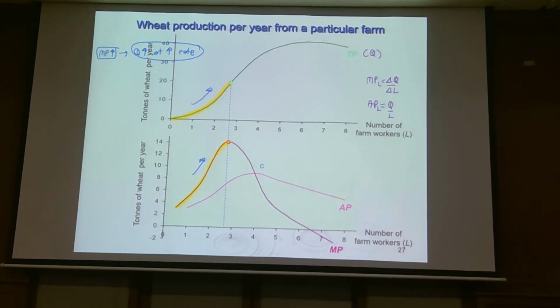But once we have the problem of diminishing return here, it means labor starts to be less productive. Right? What happens?